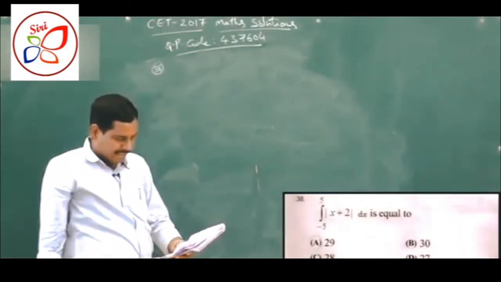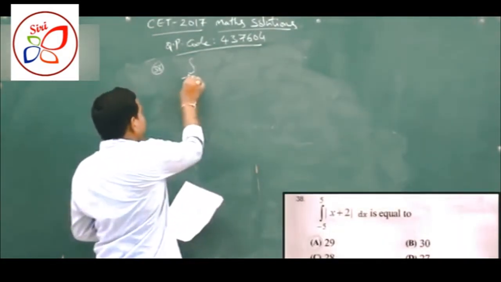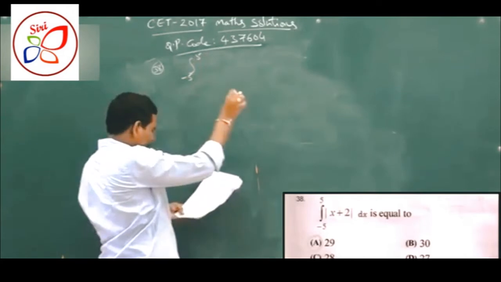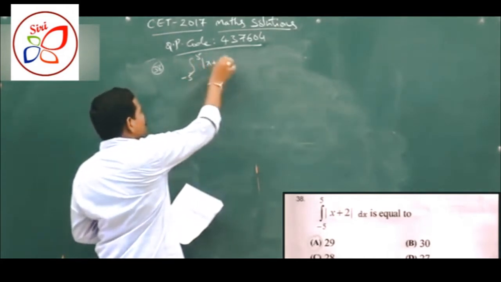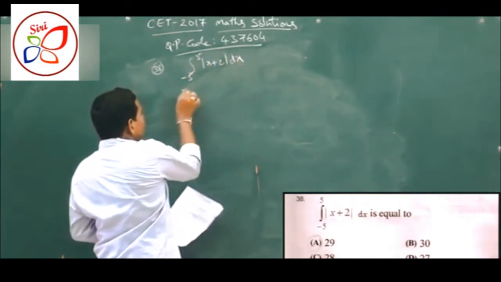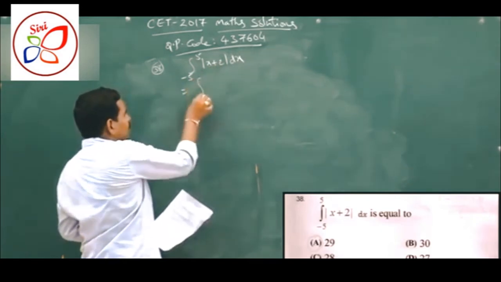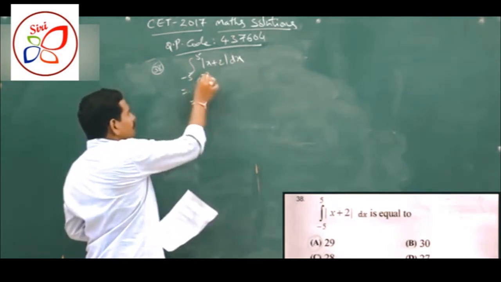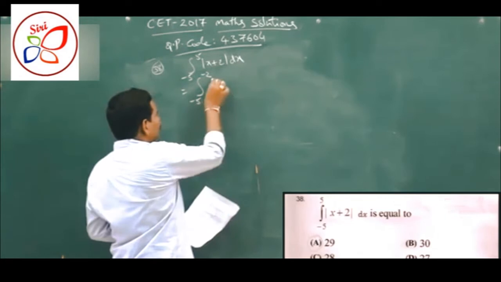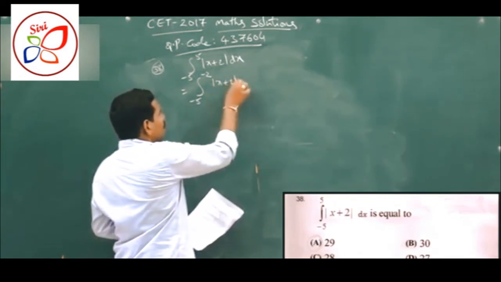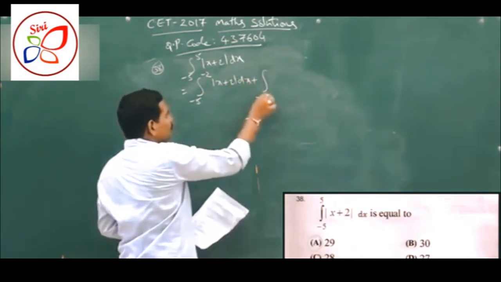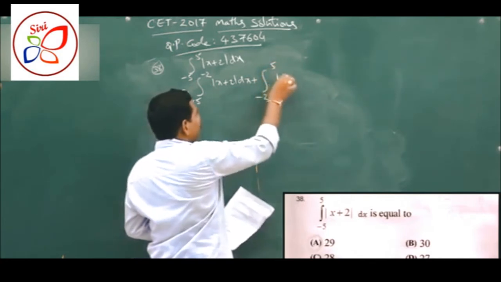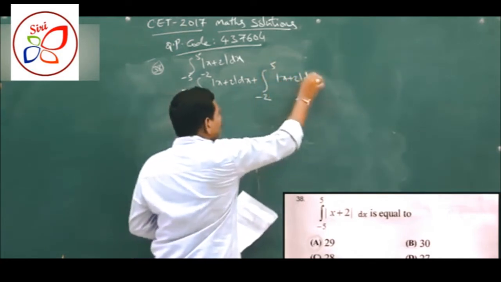Question number 38. Integral minus 5 to plus 5 modulus of x plus 2 dx. This will become 0 for minus 2. So split this from minus 5 to minus 2 and minus 2 to 5 mod x plus 2 dx.